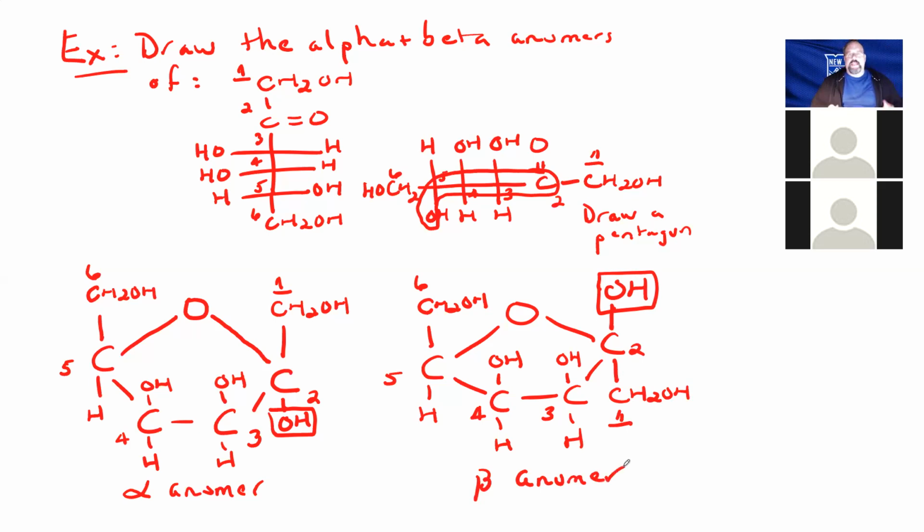And again, notice that it's exactly the same as the alpha anomer, except for what's going on at the former C double bond O carbon. Because the OH that forms on that carbon has equal odds of going up or down, and you can't rotate from one to the other. All right. So one of the things we're definitely going to ask you to be able to do is to take an aldohexose or a ketohexose and draw the alpha and beta anomers.